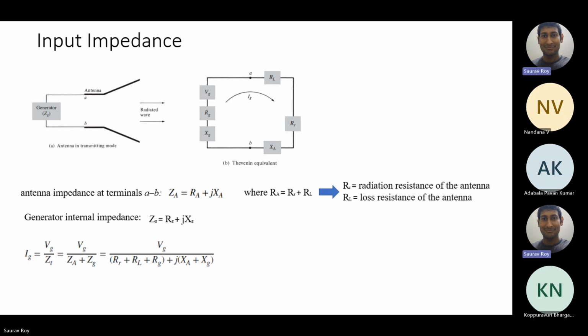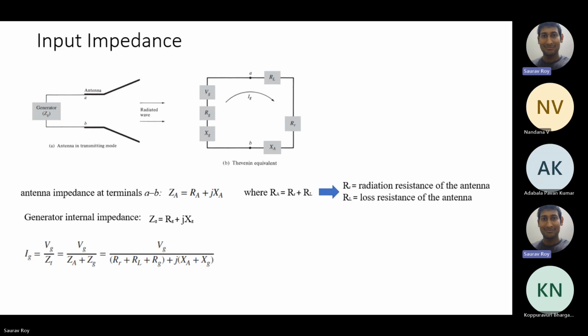We are always talking about the terminal AB. Here ZA is the antenna impedance, given by RA plus jXA, and RA is obviously the series resistance RR plus RL.